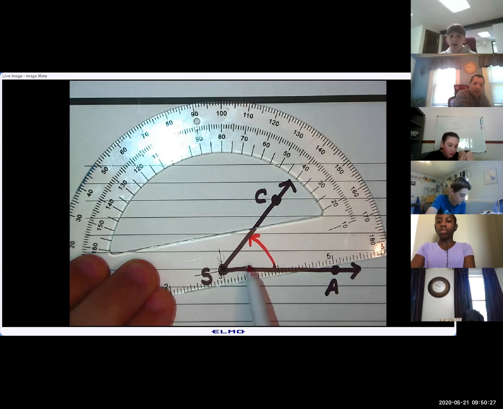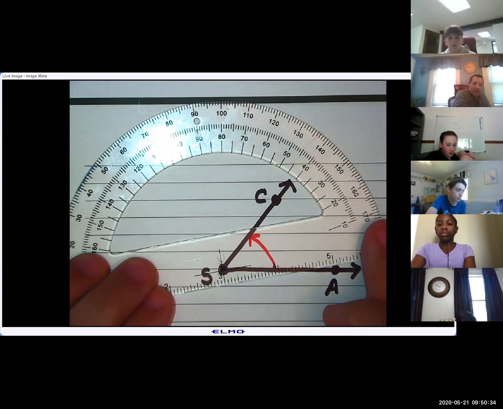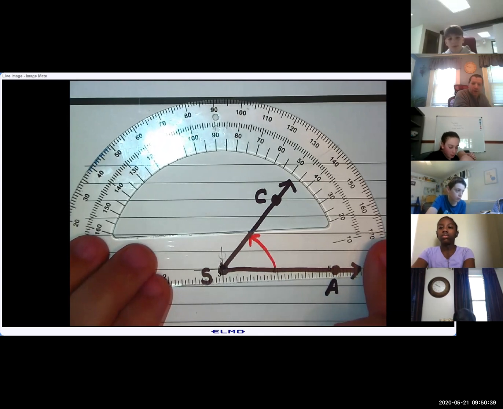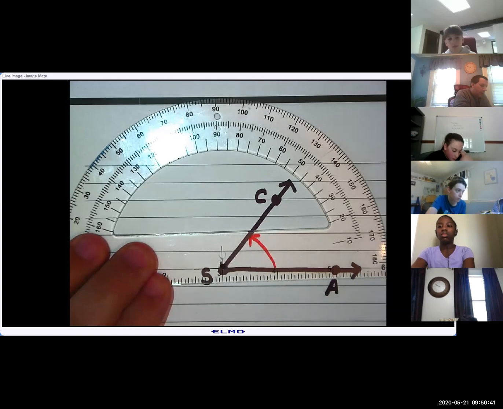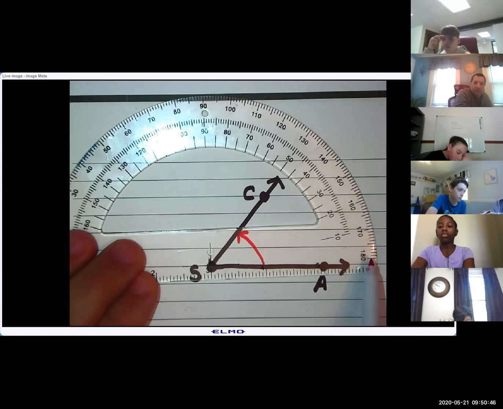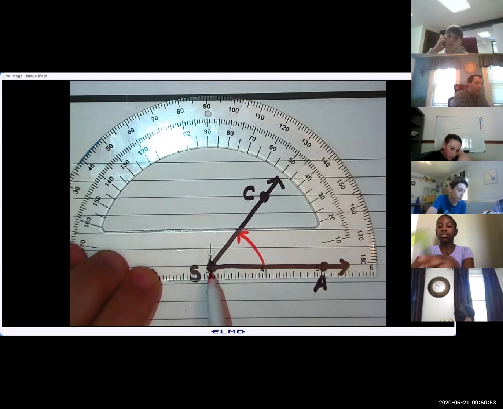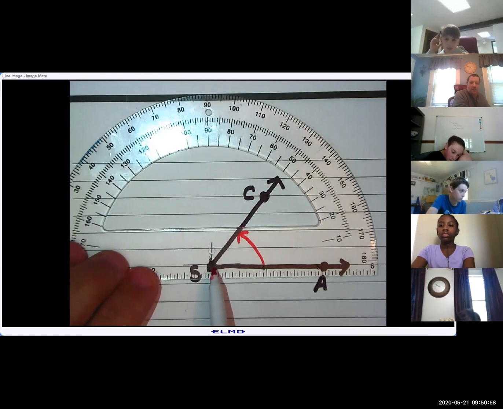I want this black line that's on the protractor to be lined up with my ray. So I'm going to keep the vertex on the hole and turn my protractor until this line lines up with this line over here. See this one over here? I'm going to keep rotating. Step number one is line up the hole on your protractor with the vertex and then the 0 over here.